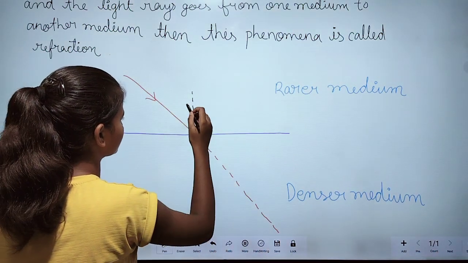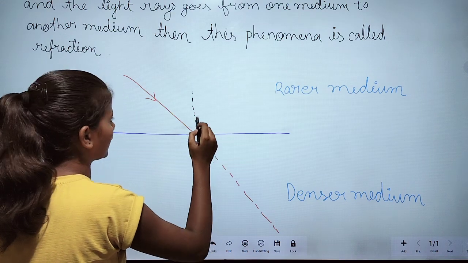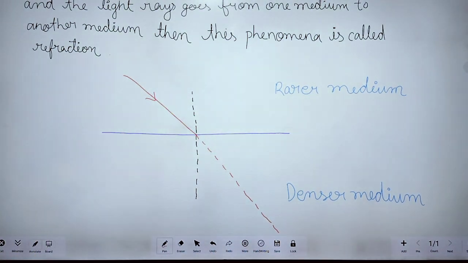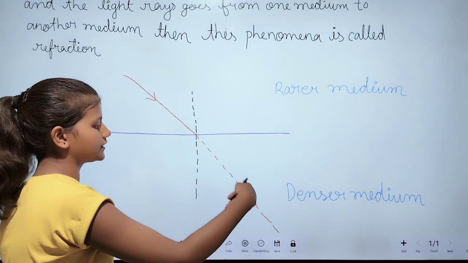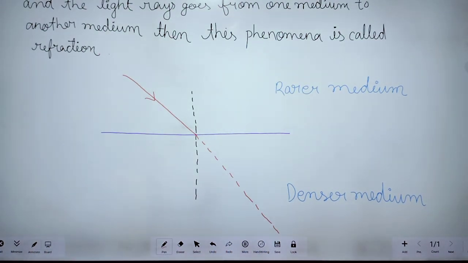Here you can see that this one is the normal, and if the light ray goes from rarer to denser, then the light ray bends towards the normal.